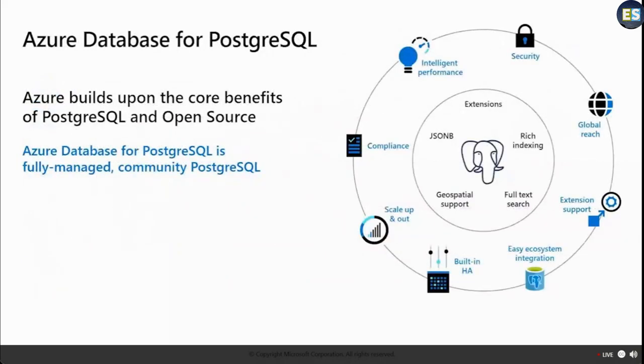Now, if you prefer PostgreSQL, you can choose Azure Database for PostgreSQL. So this service provides the same availability and performance, scaling, security, and administrative benefits as the Azure MySQL service.